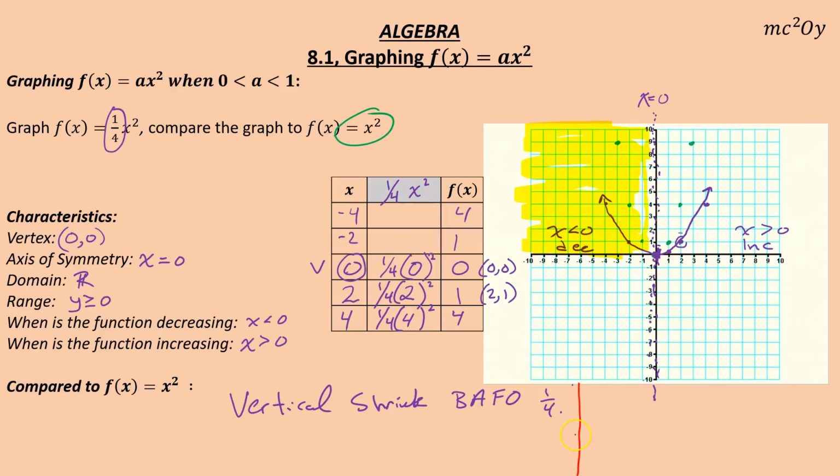A tells you how fast your graph is moving upwards, or I guess moves up or down.